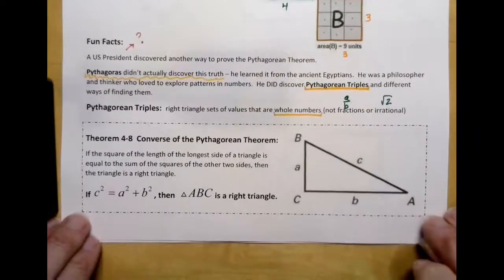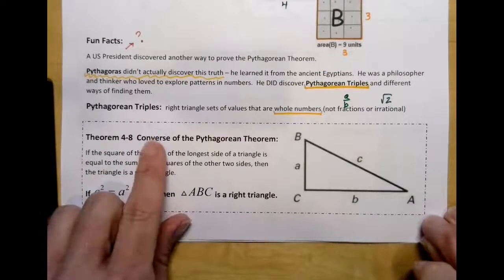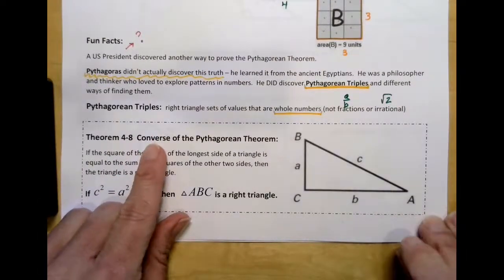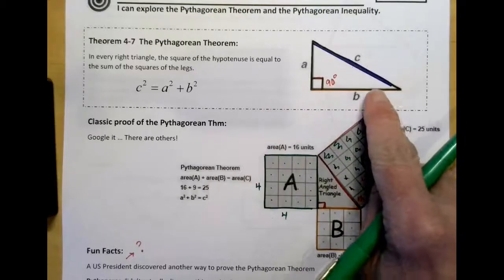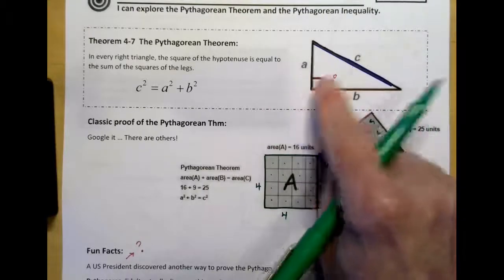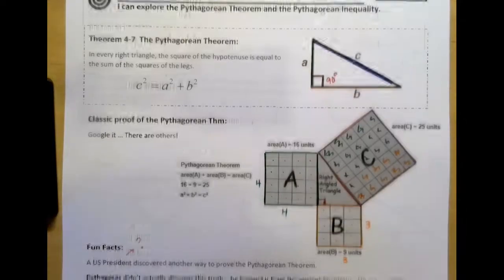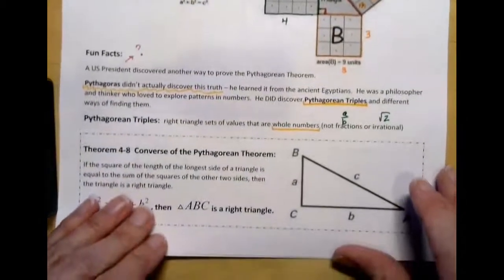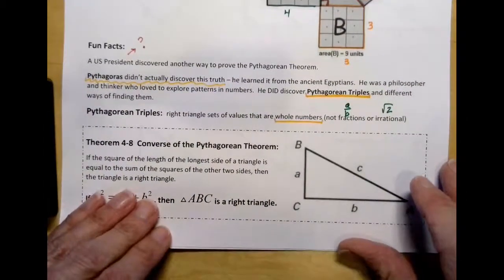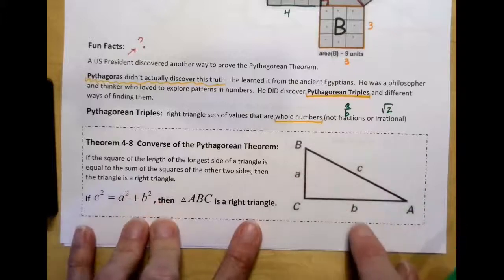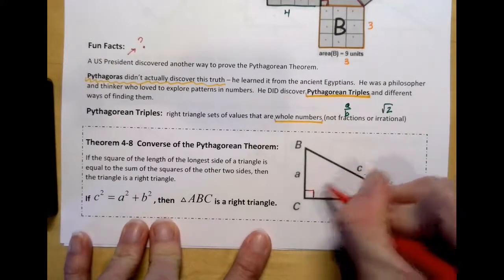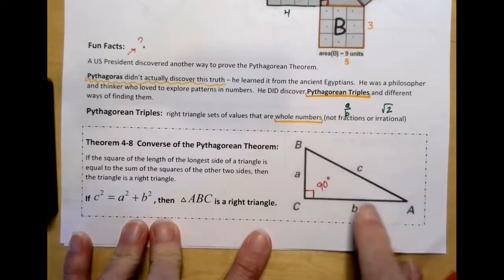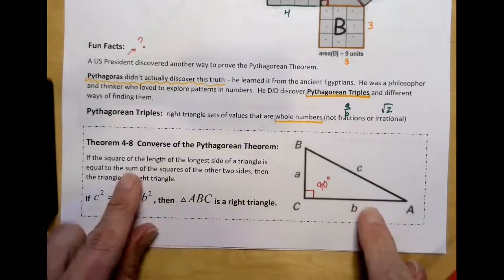When we talk about the converse of the Pythagorean theorem, we can say that if this relationship is true, or if it's a 90-degree angle, then I have this true relationship. The converse is going to turn those two around, telling me that if this relationship between the sides is true, then we can say that the angle opposite the longest side is a 90-degree angle.